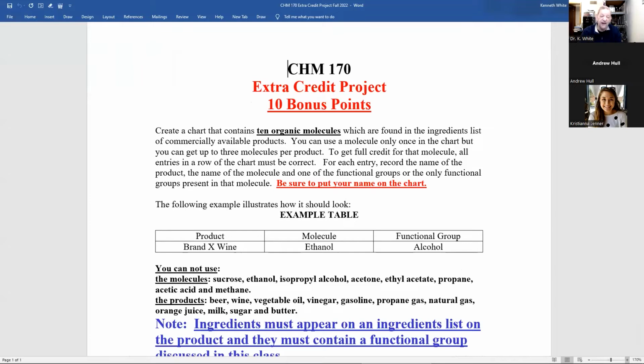You have to create a chart that contains 10 organic molecules which are found in the ingredients list of commercially available products. In other words, anything you can buy. And you can use a molecule only once in the chart, but you can get up to 3 molecules per product. That way I force you to look at more than one product.